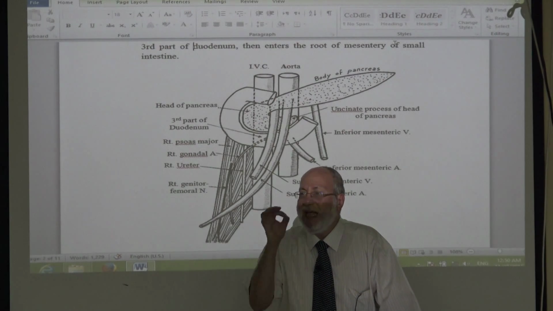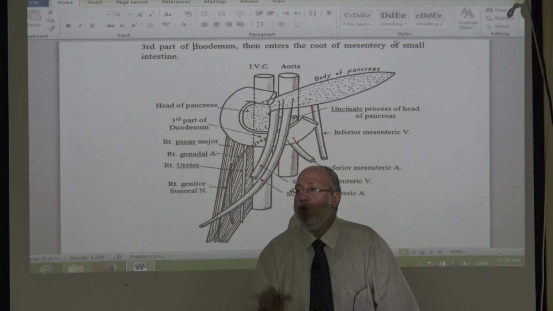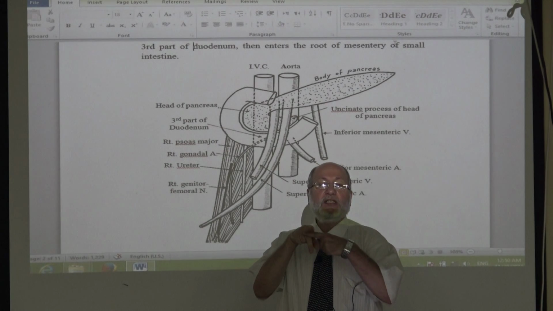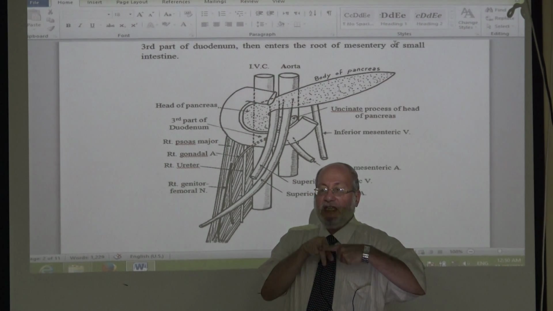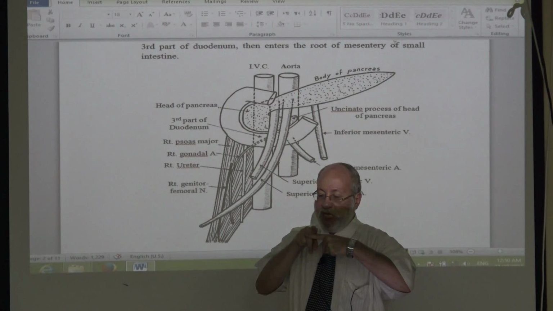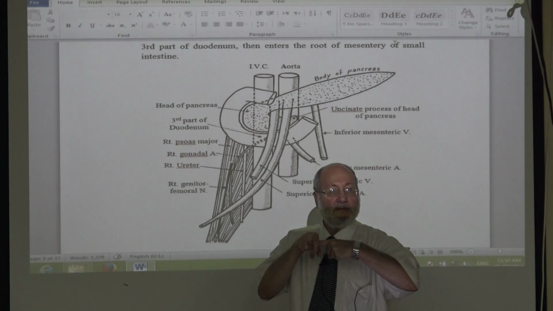Usually about 90% of varicocele occurs on the left side due to this important relation. Remember, compression of the left renal vein by the superior mesenteric artery.